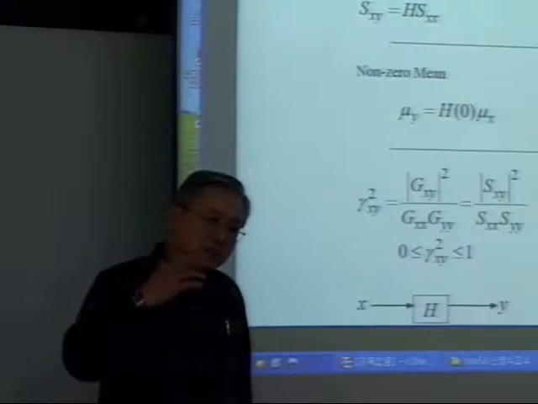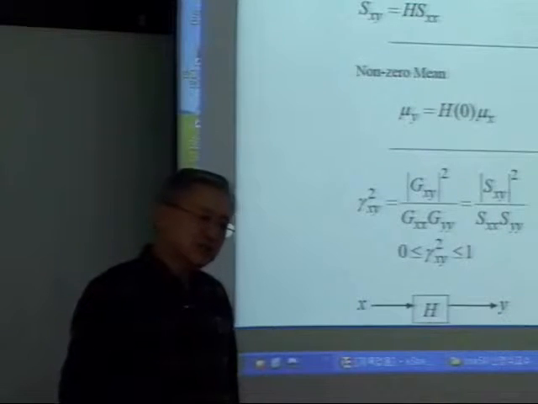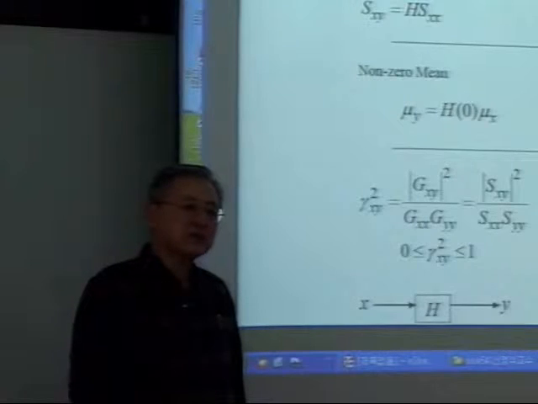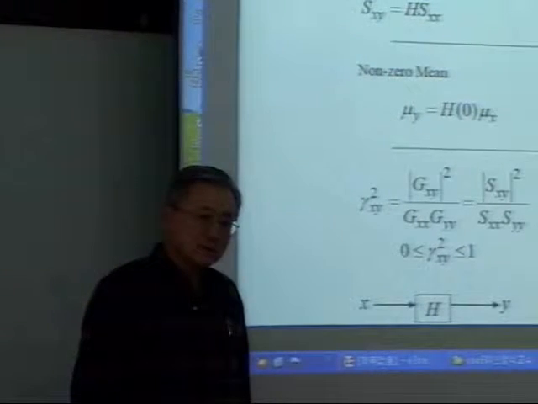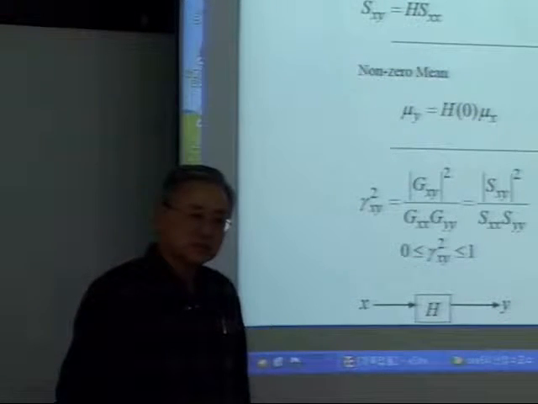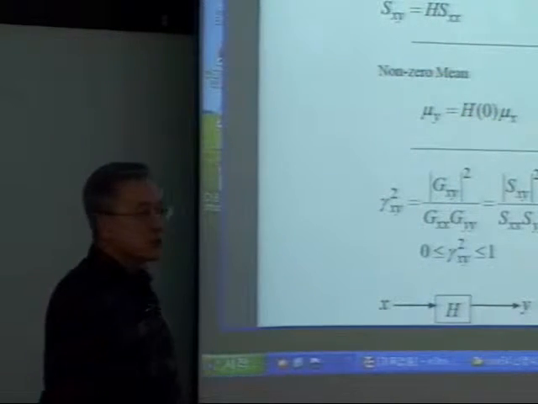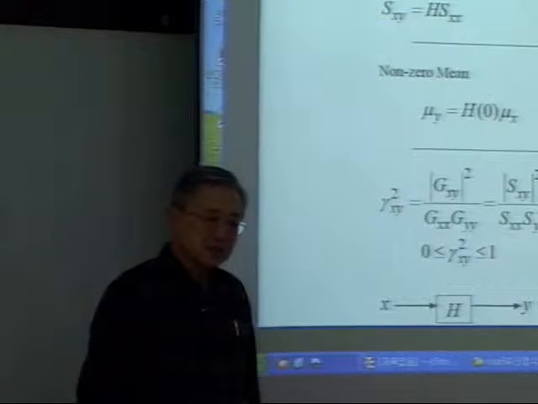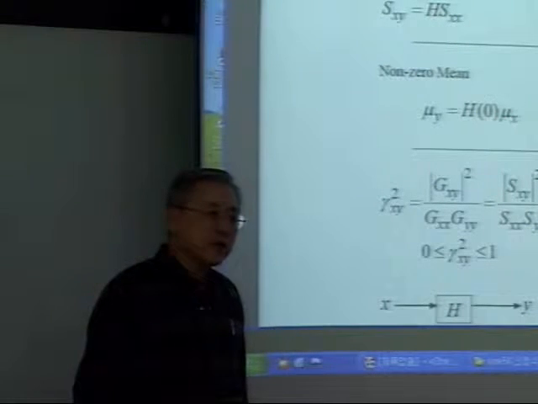Mean value is a DC value, which is a static value. In the frequency domain, a static value occurs at f equal to 0: no oscillation, no frequencies, no cycles per second. So H at f equal to 0 times mu_x. Straightforward. So the mean value in the frequency domain is a spike.